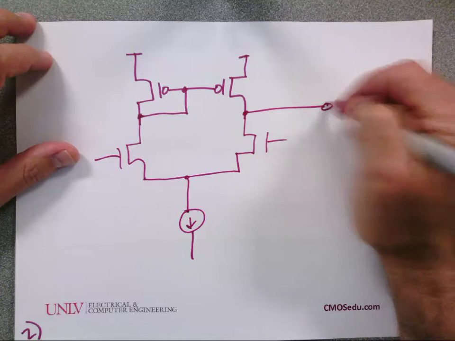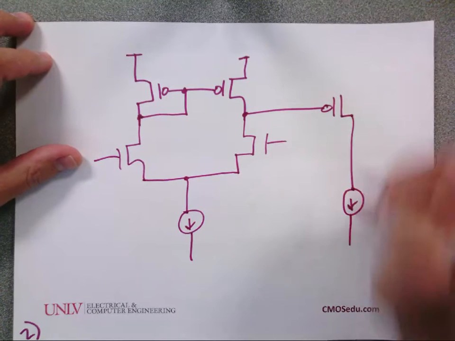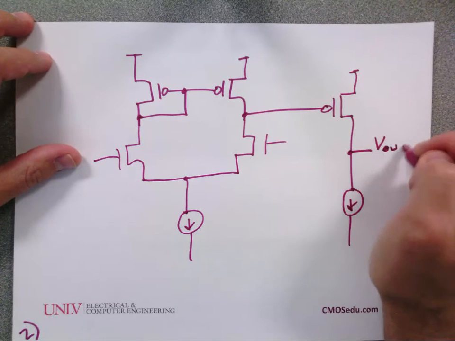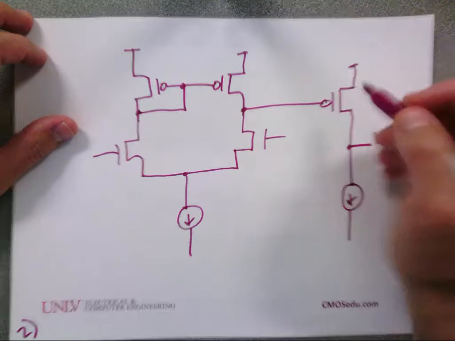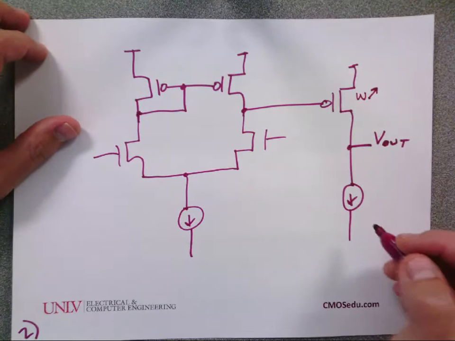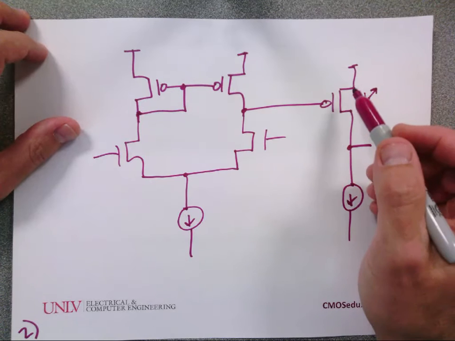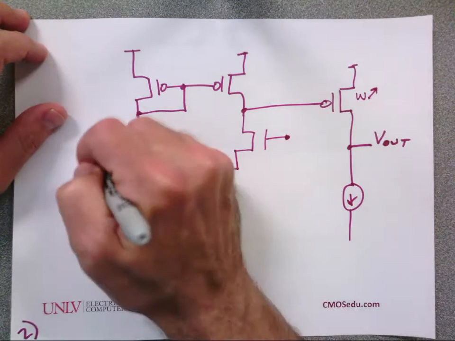All right. So you've just seen this topology. And this is the output of the op-amp. And I want you to tell me, if I increase the W of this transistor, I start driving that W up, what happens when these are at the same potential?